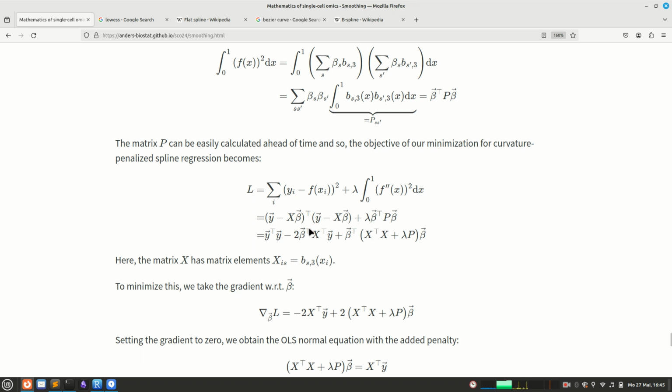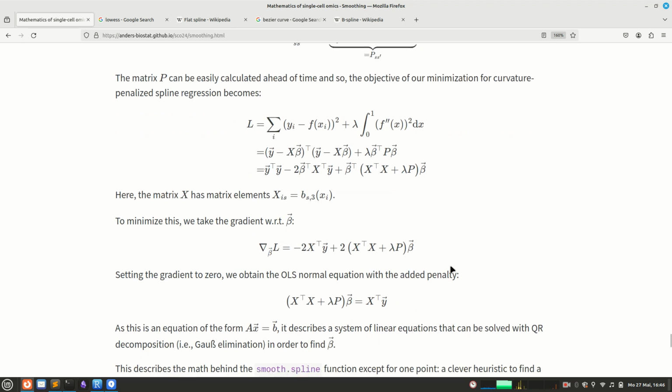Here the beta t vanishes, so this is linear in beta, so we simply get minus 2xty. In this quadratic thing, it's 2 times the linear term. So 2 times xtx plus lambda p beta. So this thing here we now want to set to 0 to find our minimum.